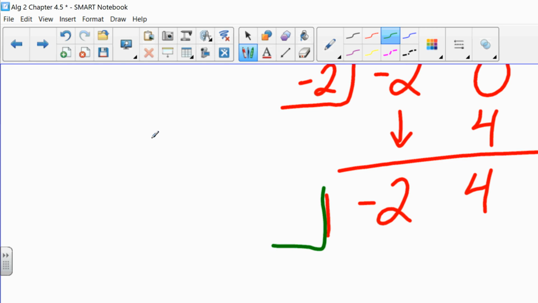All right, what number do we want to do next? Bring down the negative 2. 2 times negative 2 is?